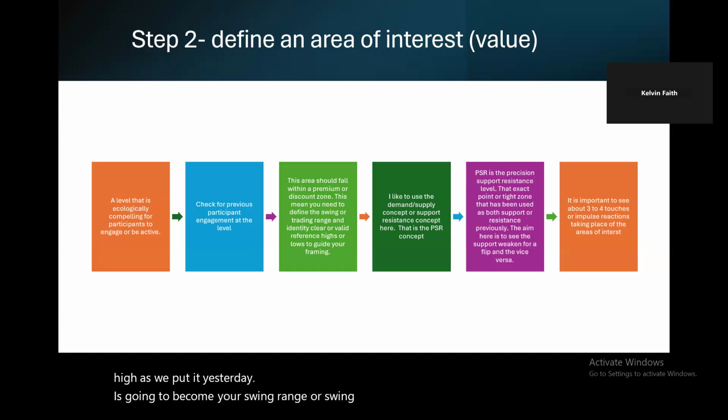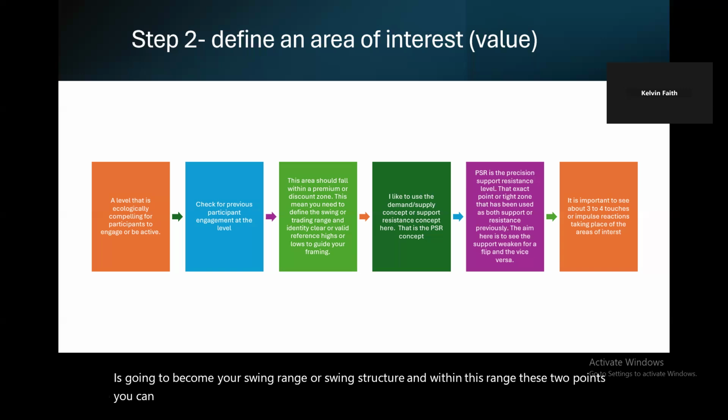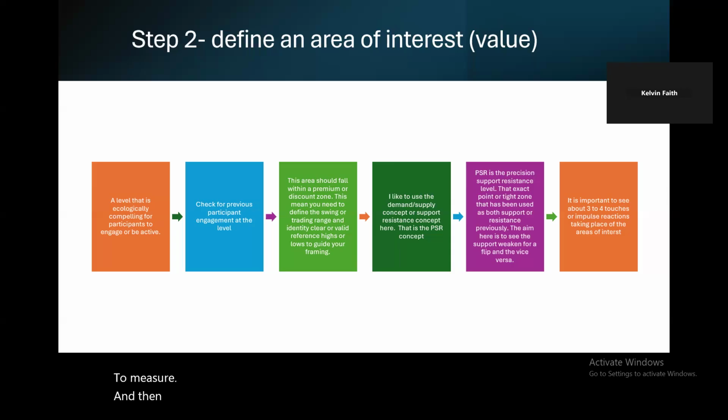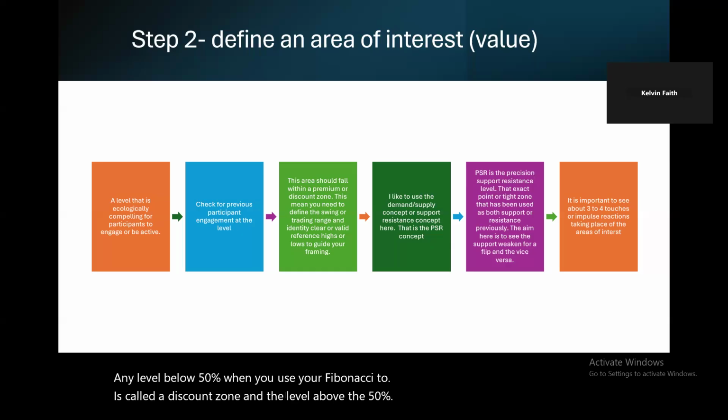And within this range, these 2 points, you can use the Fibonacci tool to measure. We learned that any level below 50% when you use your Fibonacci tool is called the discount zone, and the level above the 50% is called the premium zone.